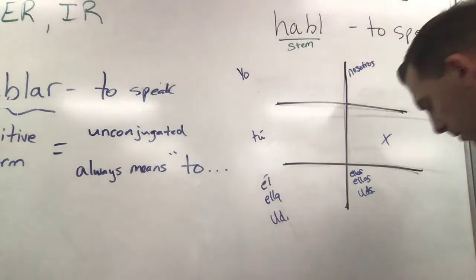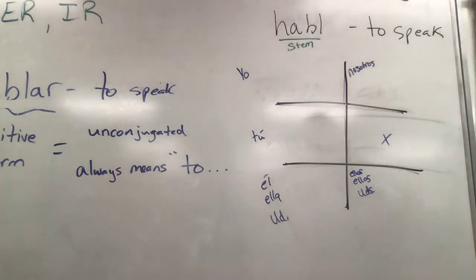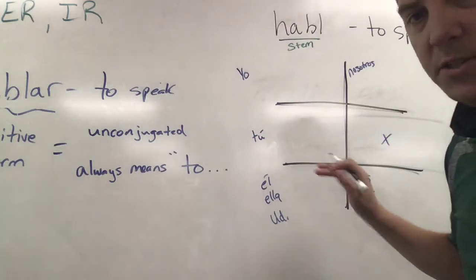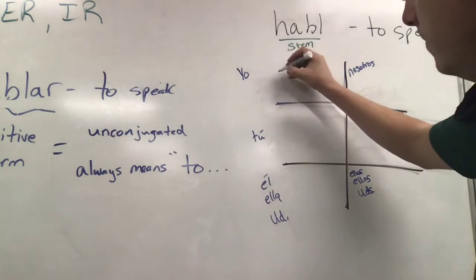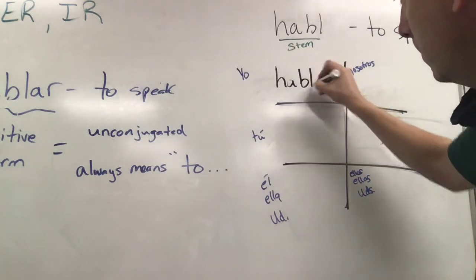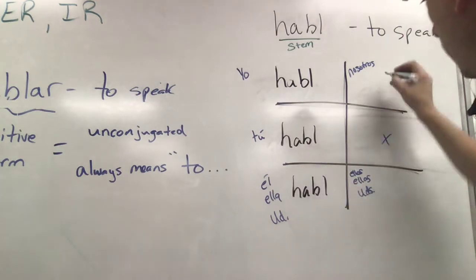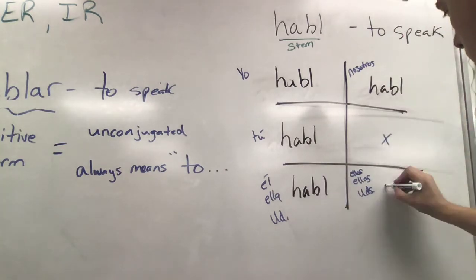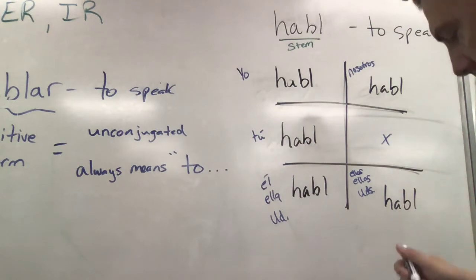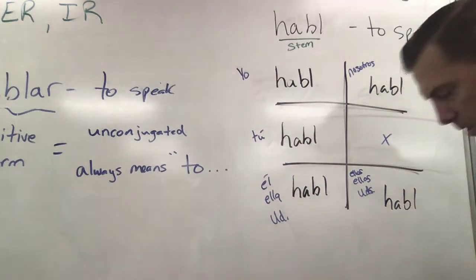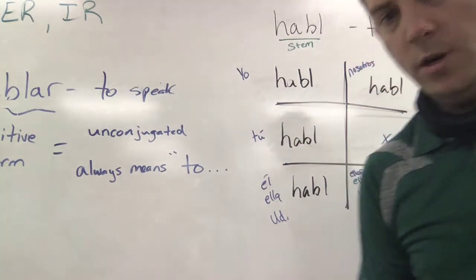That doesn't work. So we're left with the stem. What we are going to do is substitute into each of these boxes. All right, listo. So we've inserted the stem to our chart.